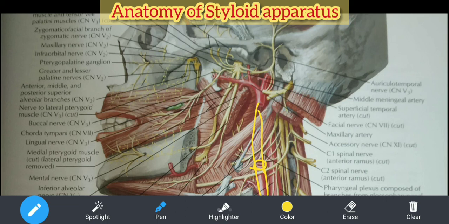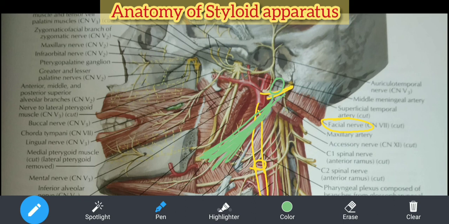Now behind this facial nerve, your apparatus is there. Are you able to see that gray color? This gray color structure, this is your apparatus. So it is having relation to, can you see this styloglossus muscle? Styloglossus going to the tongue. Styloglossus muscle, are you able to make it? Yes.